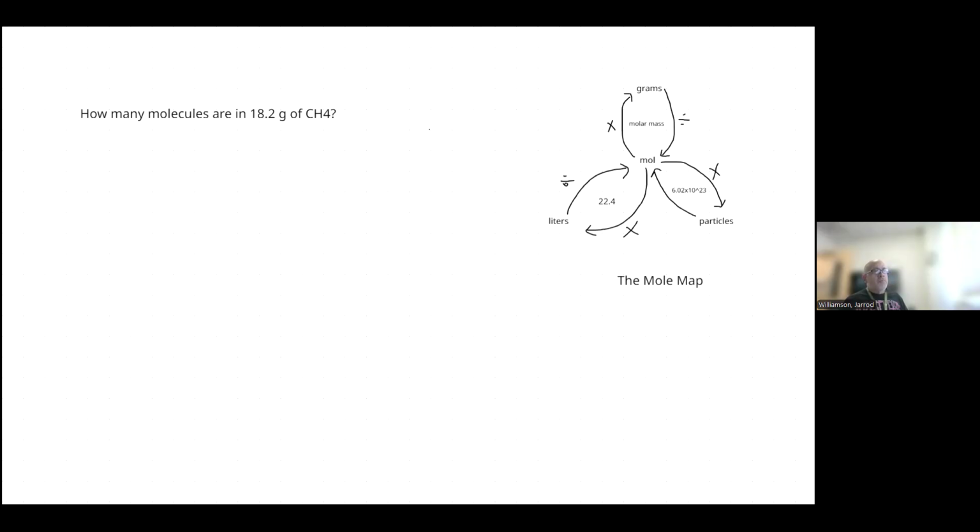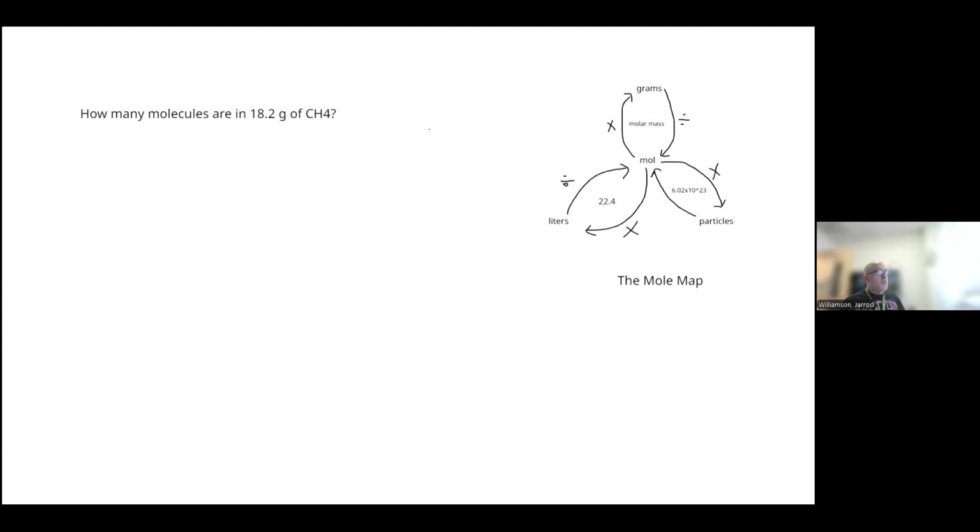If I want to go from moles to numbers of particles, I would multiply by 6.02 times 10 to the 23rd. And if I want to go from grams to numbers of particles, I follow the map. I go from grams to moles, and then from moles to particles.